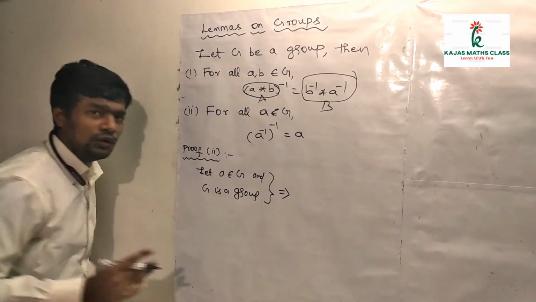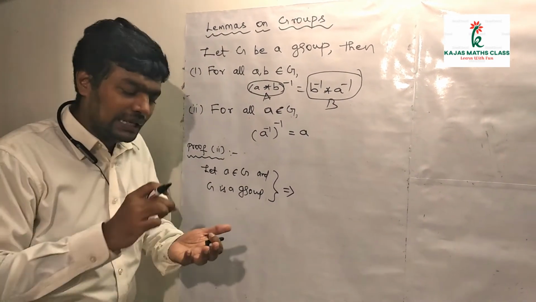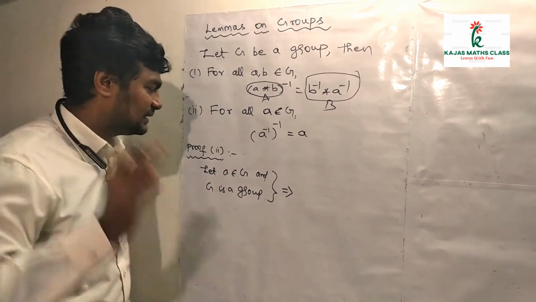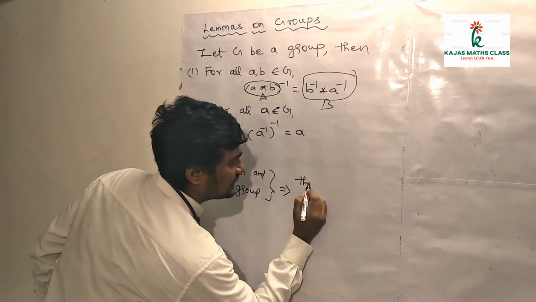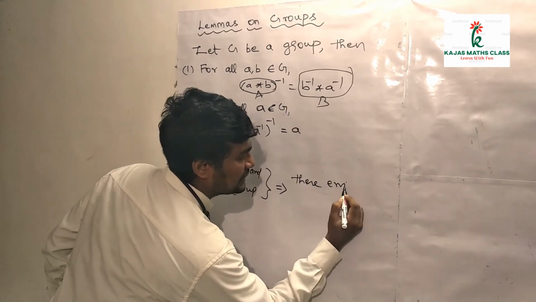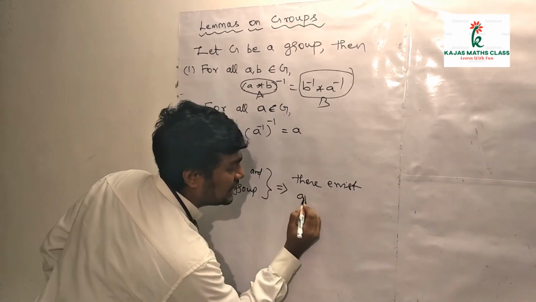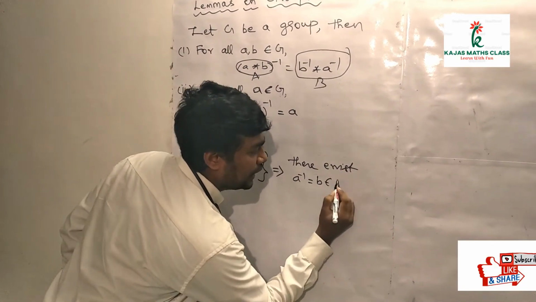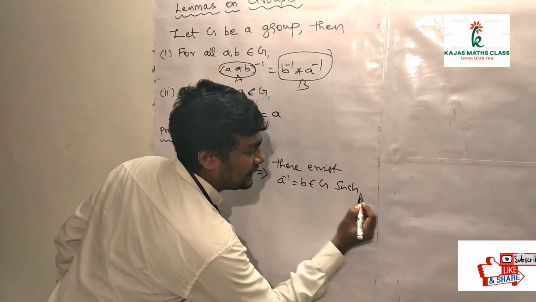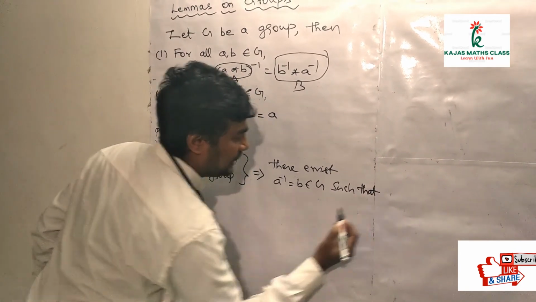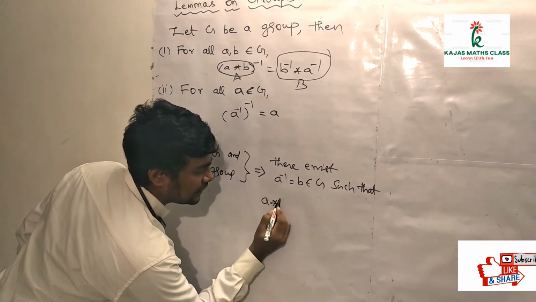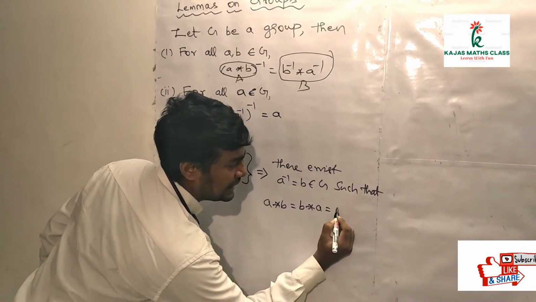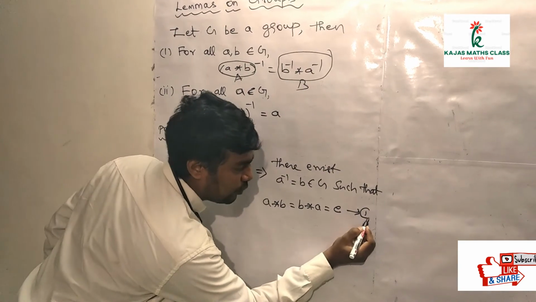Then obviously, we know the property that every element of a group must have an inverse. So there exists some a inverse. I am taking this as some b, belonging to G, satisfying the inverse property, such that a * b equals b * a equals e. Let it be equation 1.